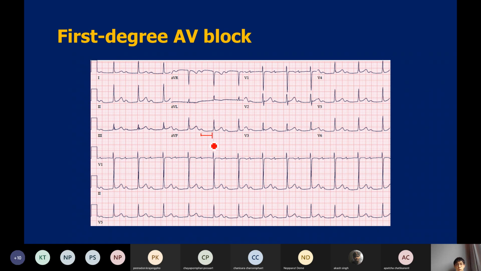Normal PR interval is around 120 milliseconds to 150 milliseconds. If there is some abnormality in the AV node, the PR would be longer, like in this ECG. The first degree AV block is represented by a longer PR than the usual or the normal people. The impulse can still conduct into the ventricle, but there is more delay in the AV node than the normal heart.